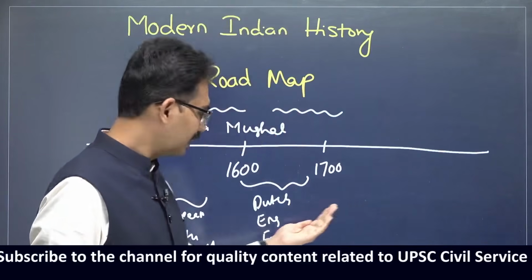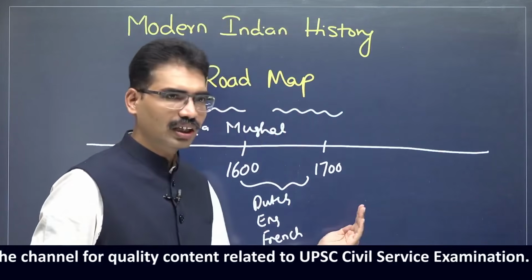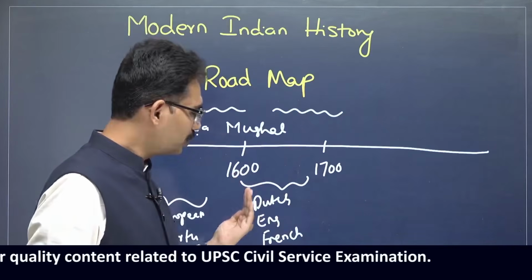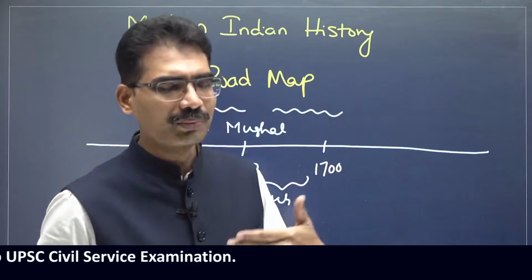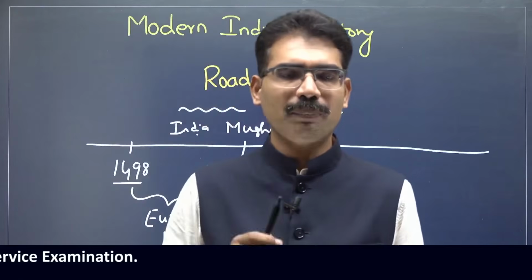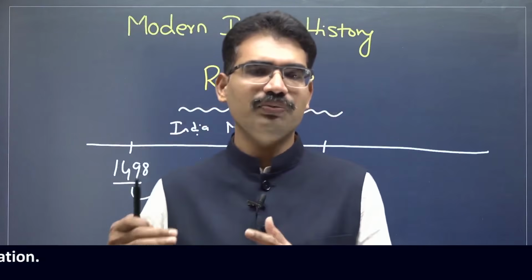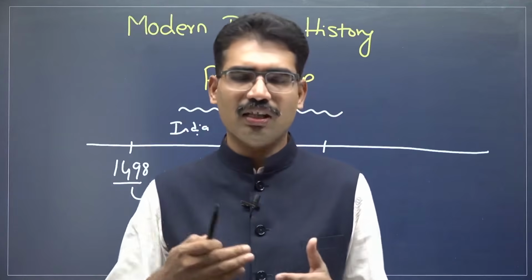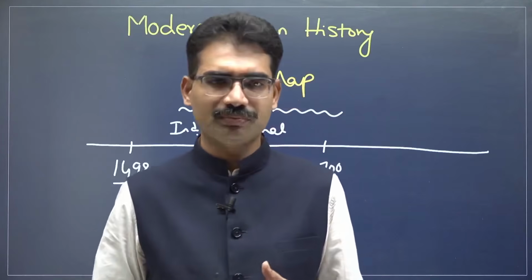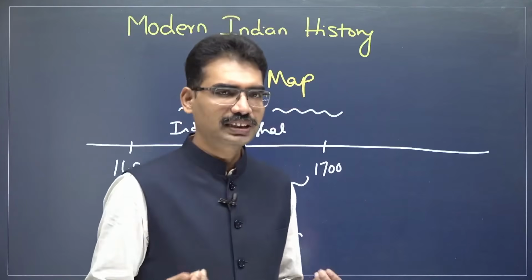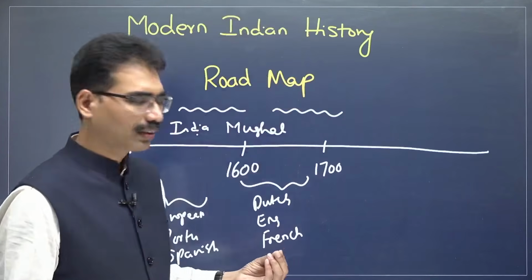Till 1700, this was the European journey, how Europeans came to India, gradually where they settled. From the prelims point of view also, questions are coming in which settlements or which European powers settled in which places. They are called factories, like English factories, Dutch factories, likewise.